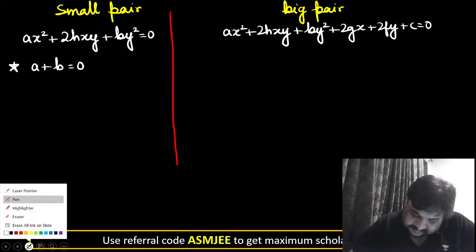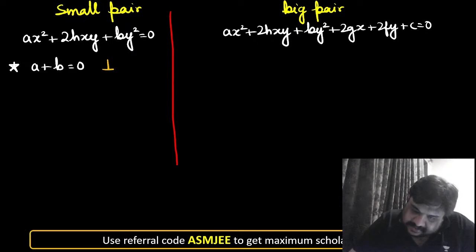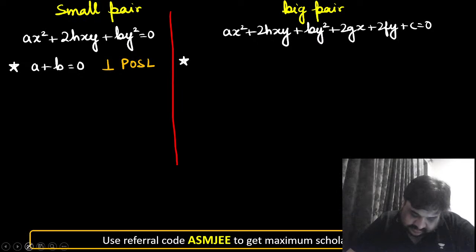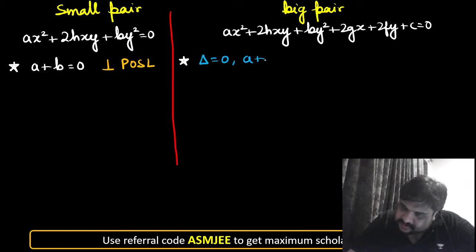What happens? Perpendicular pair of straight lines. Okay. And what happens when a plus b is equal to 0 here? Actually, nothing happens. Delta equal to 0 along with a plus b equal to 0 ensures it's a perpendicular pair of straight lines.